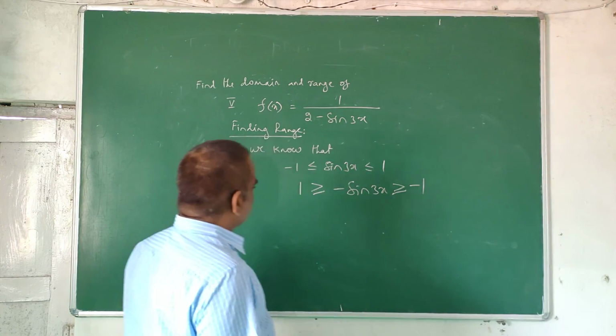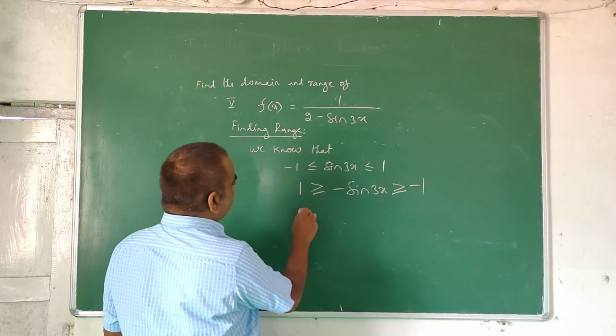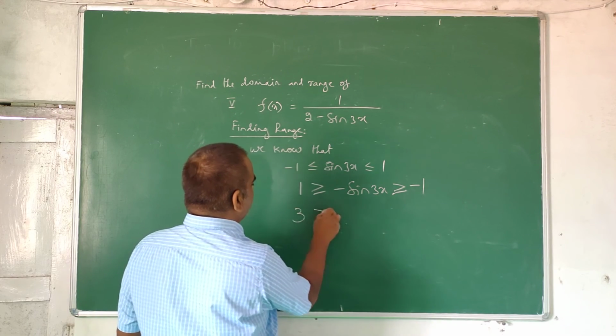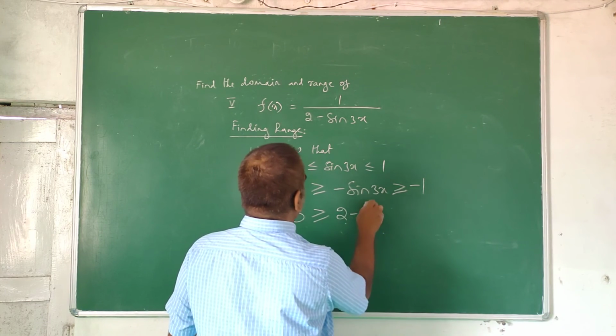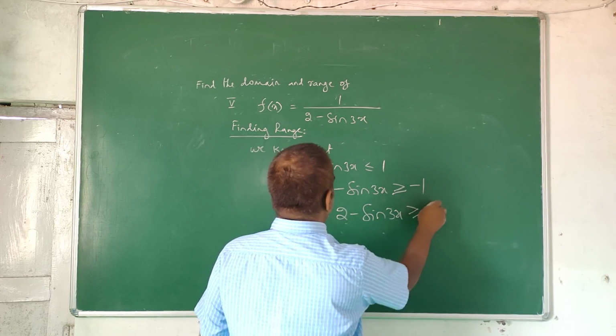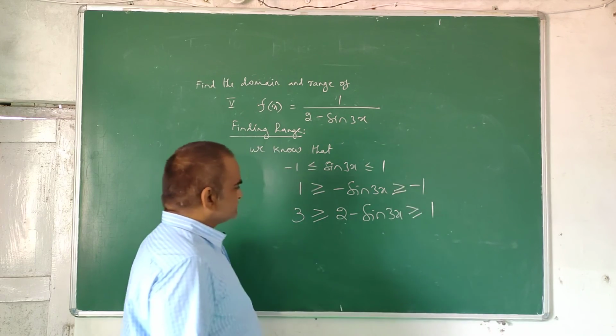Right? Now if you add 2 everywhere, 1 plus 2, 3 is greater than or equal to 2 minus sine 3x is greater than or equal to 2 minus 1, 1.